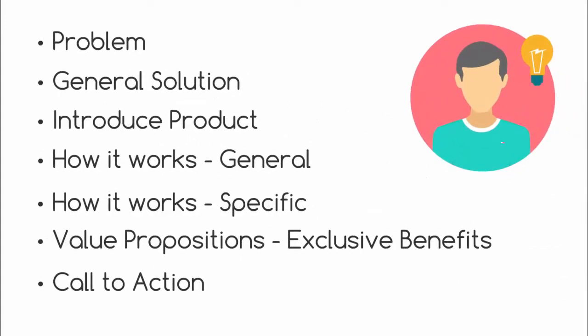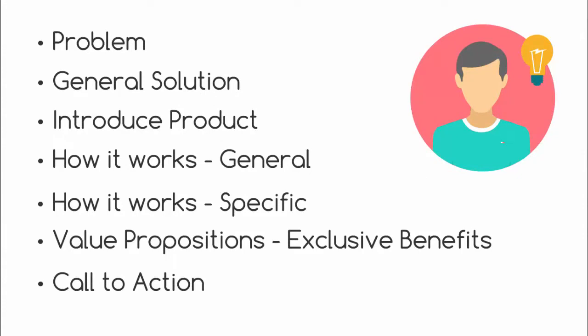So here is a better way of creating an explainer video script. This is the formula that I use for all my explainer scripts. Now this might not be the way to create the best explainer video script, but it's a formula that has always worked for me, and it's a formula that always ends up in a video which gets the desired results for my clients. So we here start off with the problem.